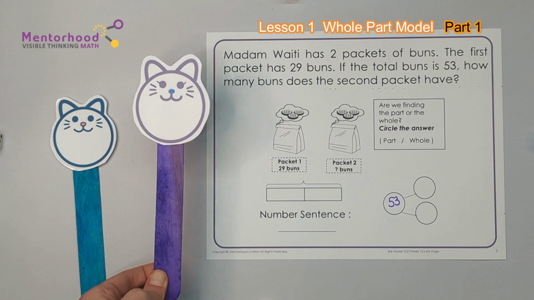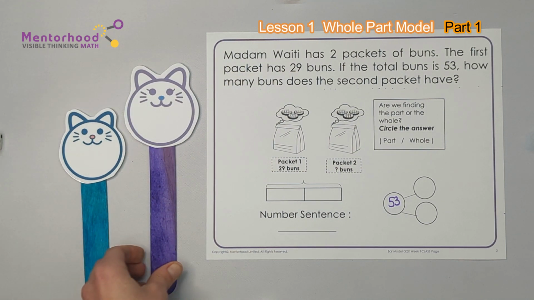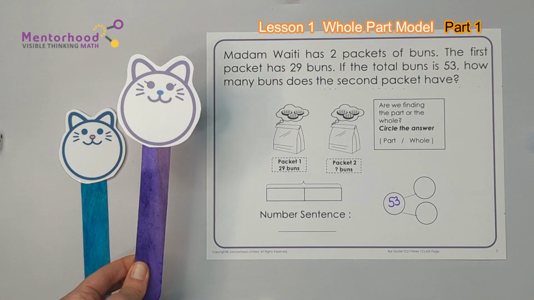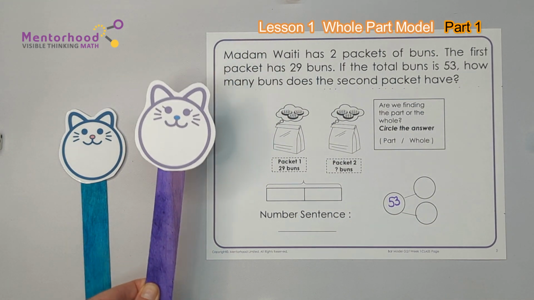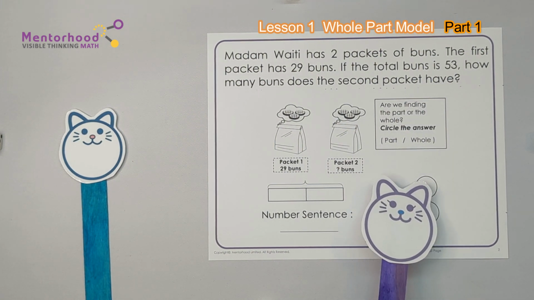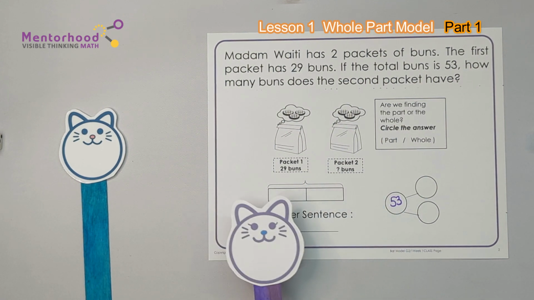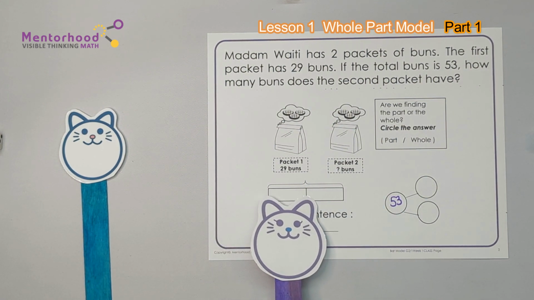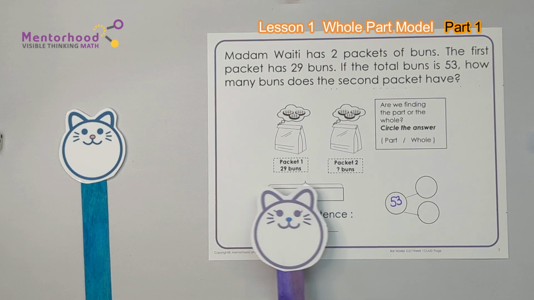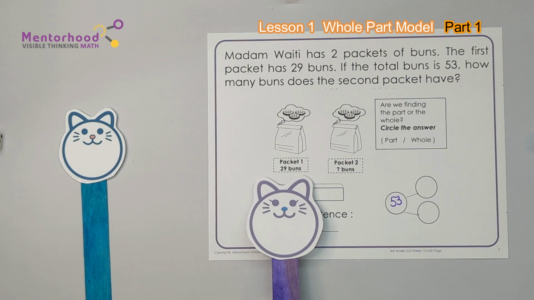Now, are we given one of the parts? What do you mean? Well, the parts make up the total. Just like in a number bond, this number can be broken down into these two numbers, and when you add them up, you get the total. The same thing works with a bar model. When we have a total, we've got a couple of parts, just like a couple of circles, and we put the total right on top.